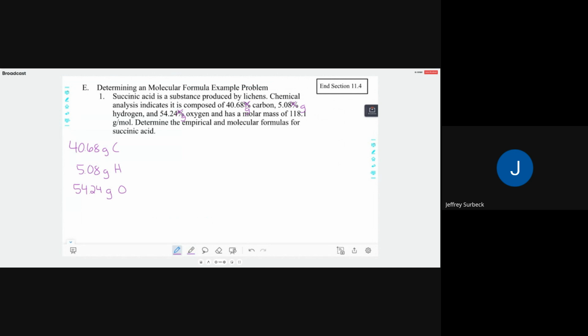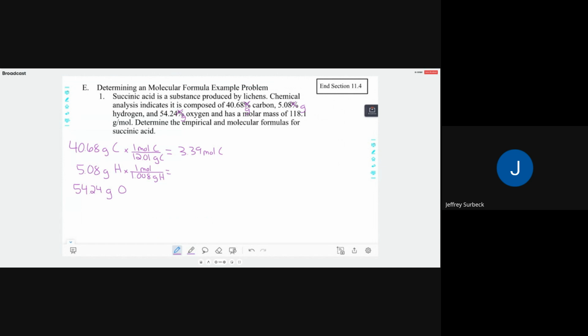Now, these are the same substances, so they're going to have the same molar masses as the previous problem. So carbon, we're going to say, hey, it's going to get divided by its molar mass, which is 12.01 grams of our carbon. If I go ahead, I calculate that out, I get 40.68 divided by 12.01, rounding to 2 decimals. This is 3.39 moles of carbon. Hydrogen, same molar mass as the previous problem, 1.008 grams hydrogen to 1 mole hydrogen.